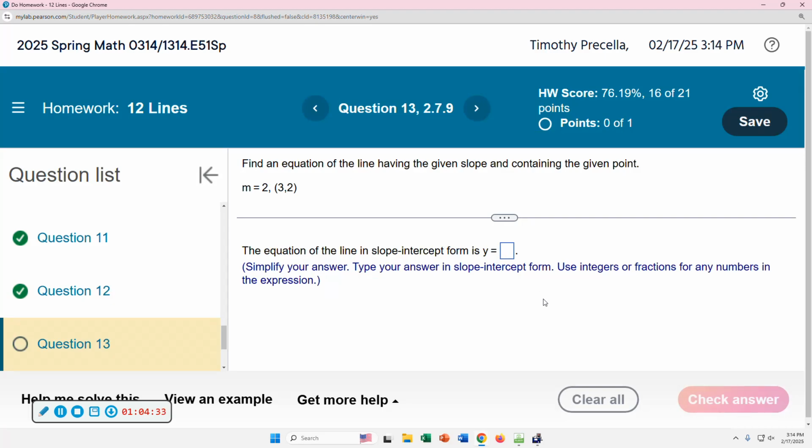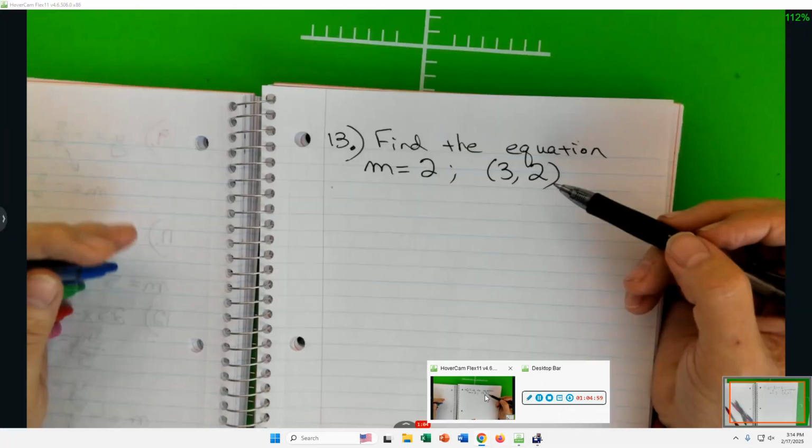Find an equation of the line with the slope equal to 2, passing through 3, 2. Is 3, 2 the y-intercept? No, it isn't. We have a big problem.